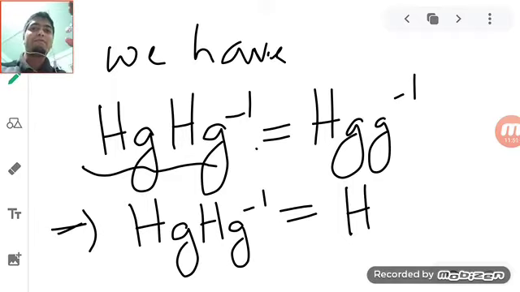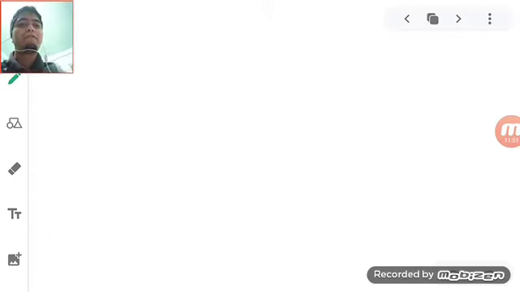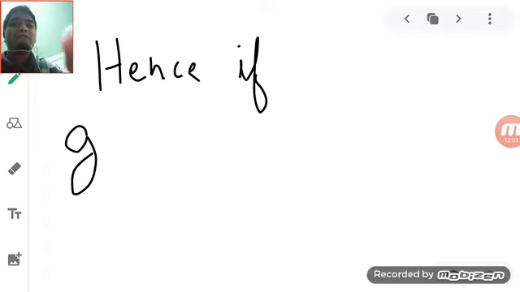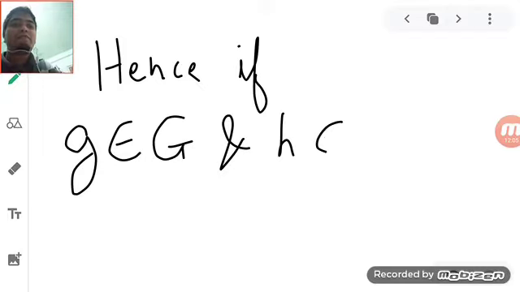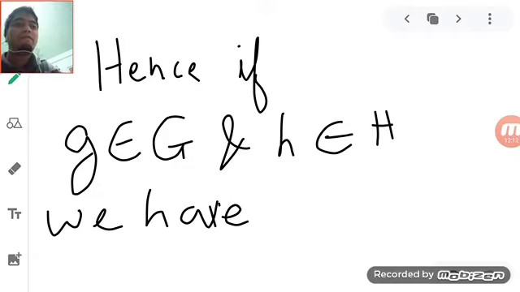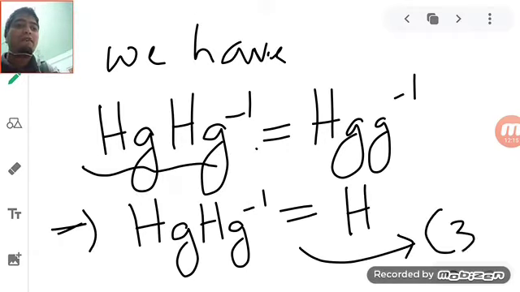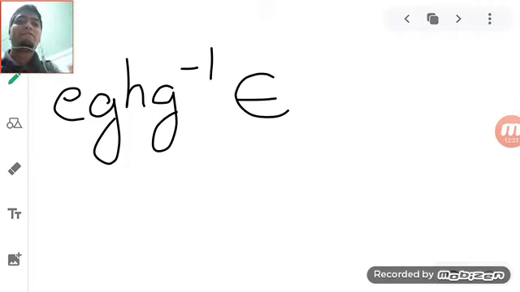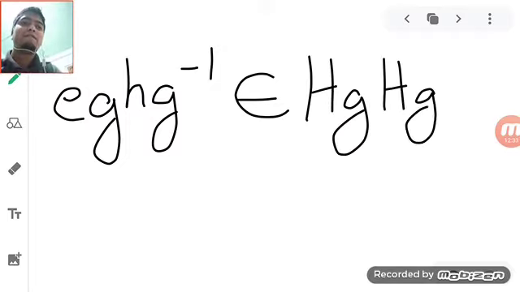All right, so now that we have got this, what can we say? Hence, if g belongs to G and h belongs to H, we have, call this equation 3, e g h g inverse, which is e h g inverse, belongs to Hg Hg inverse.